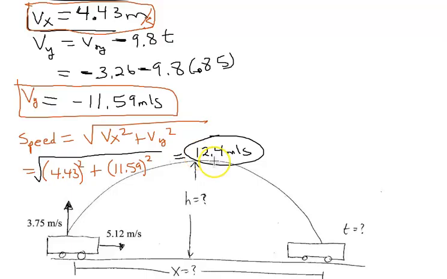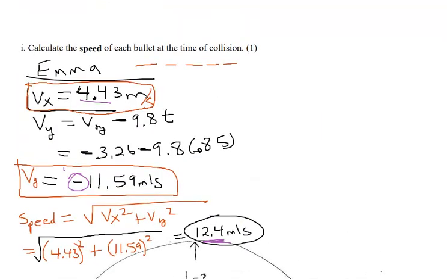And 12.4 is bigger than 5.5, right? And this doesn't have direction because this is speed. This has direction because it's a little bit over to the right and a little bit down, but the actual speed is always just how fast, it doesn't have direction. Okay, so that's Emma, and let's do a different color.